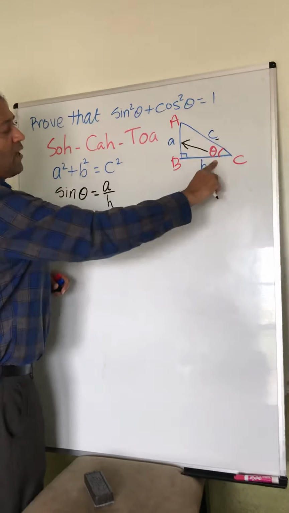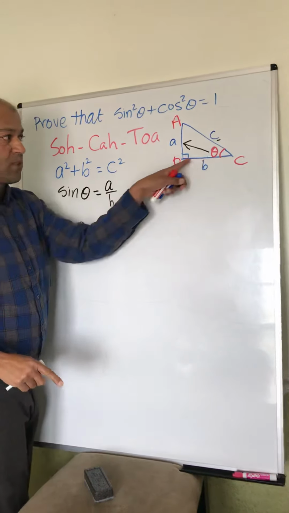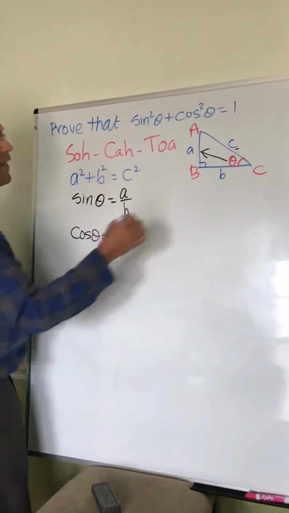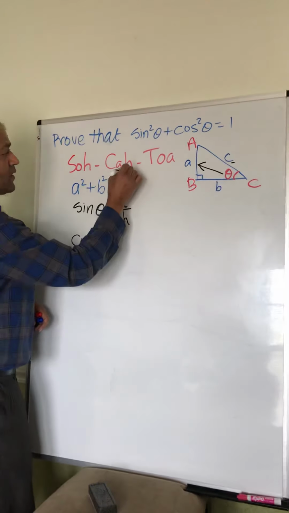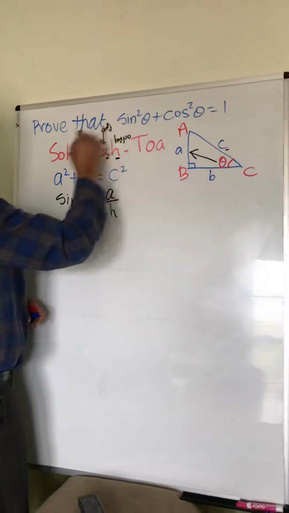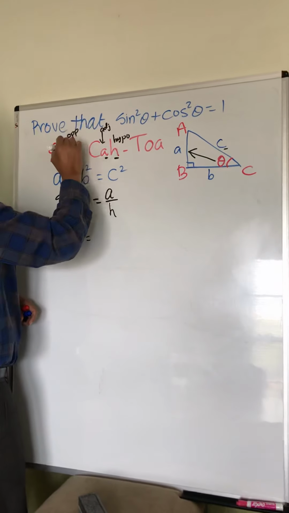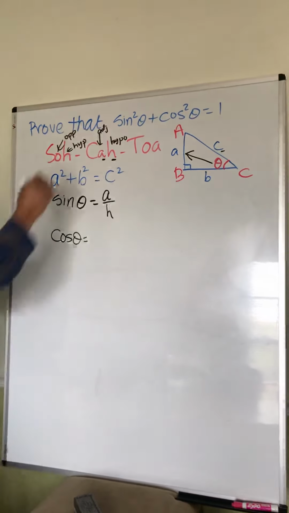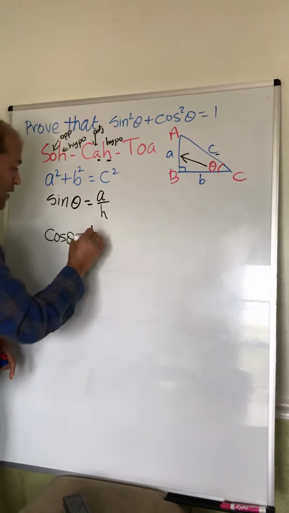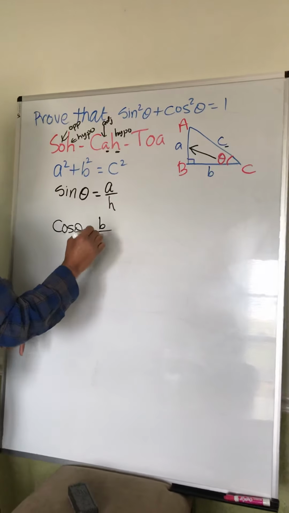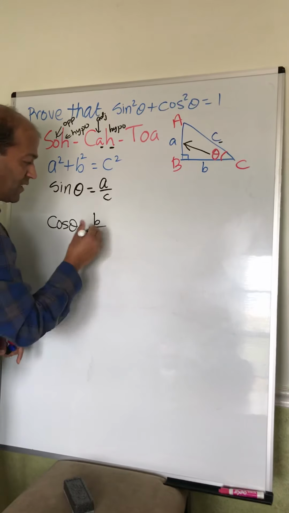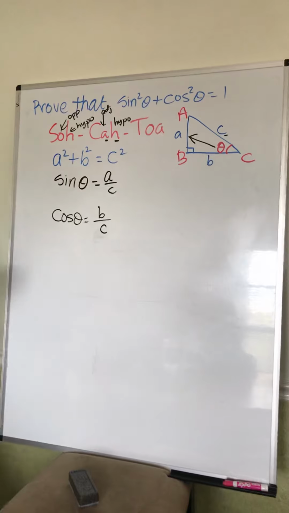The side adjacent to angle theta is side B. So cosine theta equals adjacent over hypotenuse, which is B over C. I'm writing H only to stand for hypotenuse; the hypotenuse is C.